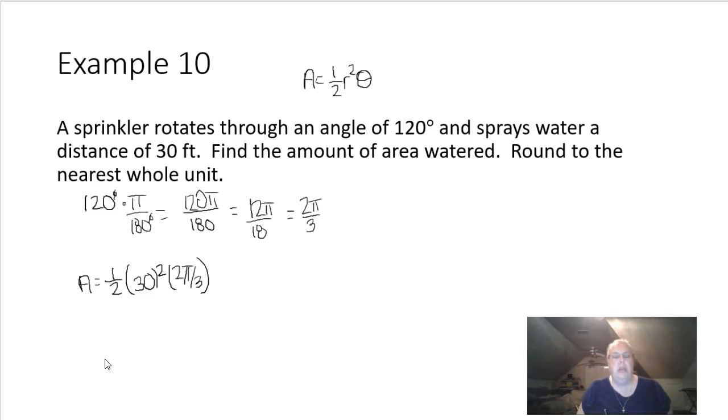So this is going to be, let's see, we got 1/2 of 900, that's 450, and if we divide that by 3, that's going to give me 150, and then times 2, this is going to give me 300 pi. And our units are going to be in square feet, and when we put that in the calculator, that is going to give me 942 square feet when I round it to the nearest whole number.